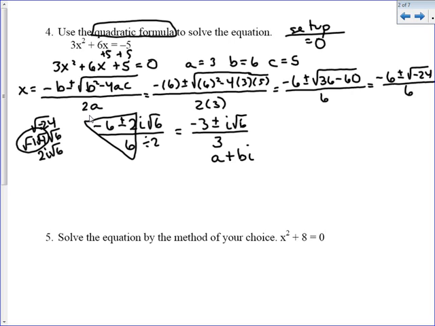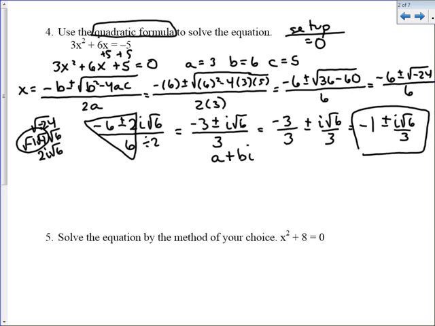Is that going to be this bad? Most likely not. This is literally the longest it could possibly be, and I honestly didn't intend it to be that way. But it's imaginary, so you have to do two separate fractions. What happens when you split it up? The negative 3 over 3 will simplify again. This is as much simplifying as you will possibly ever see, and it's all getting it down to the form of a complex number.